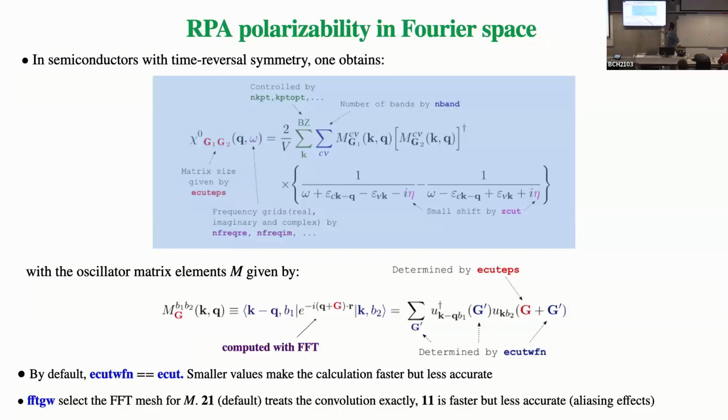Now, the number of plane waves in the polarizability is specified by ecuteps. This stands for the cutoff energy for epsilon, for the dielectric matrix. Here we have a sum over k-points over the full Brillouin zone, and these k-points cannot be changed at will. They depend on the k-points used to generate the wave function file with the eigenvalues and the Kohn-Sham orbitals.